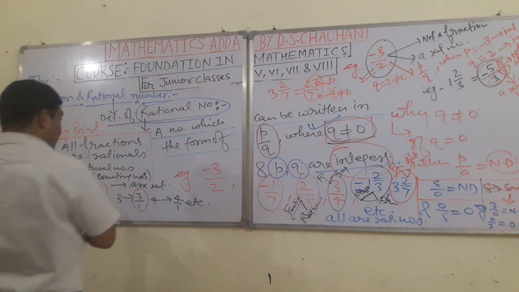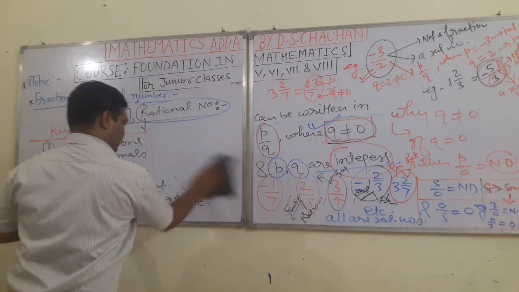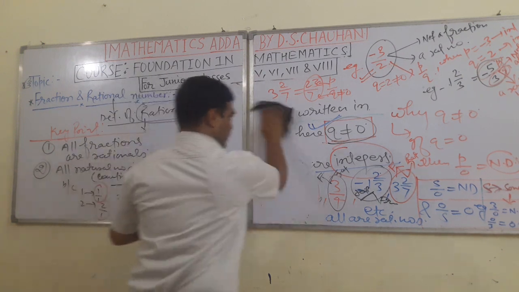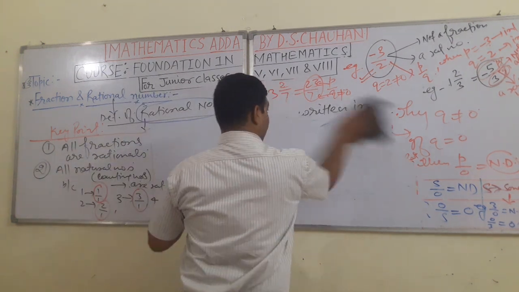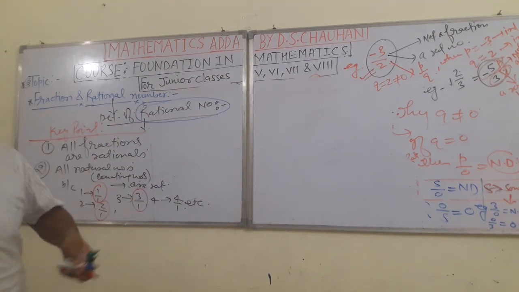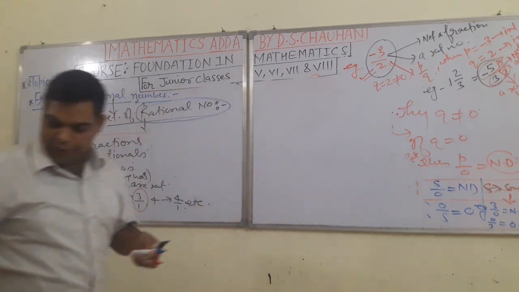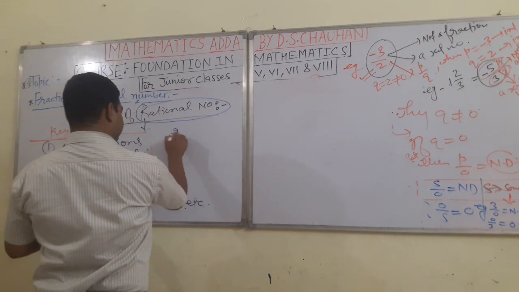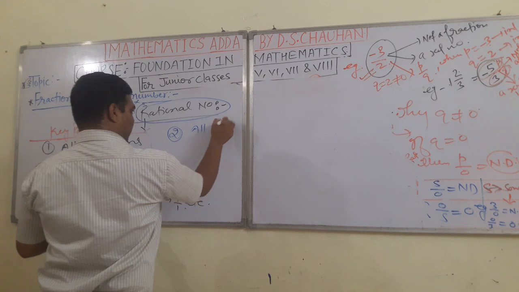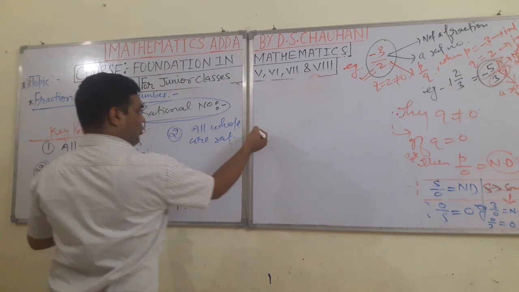Okay. Next point, students. All whole numbers are rational. How?